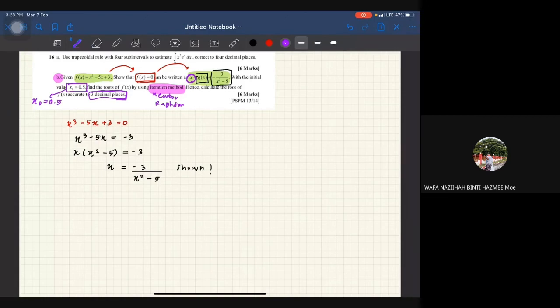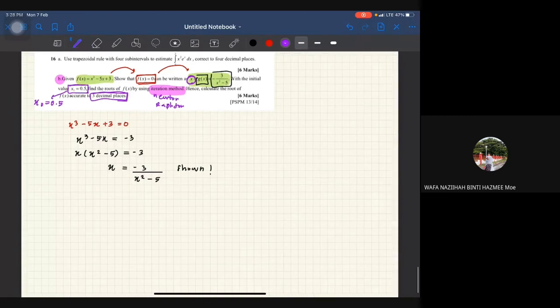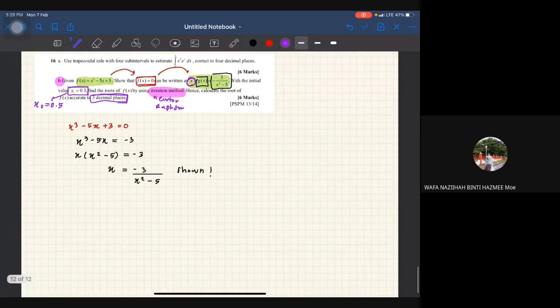Saya rasa soalan 16B awak boleh buat sendiri lepas saya dah explain dia punya pecahan-pecahan soalan ni. Ada apa-apa soalan tak untuk 16B? Any question for 16B? Tiada setakat ni. Boleh try sendiri soalan ni. Habiskan, siapkan.